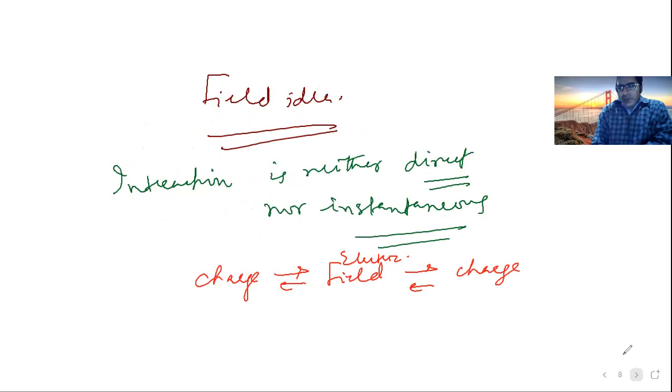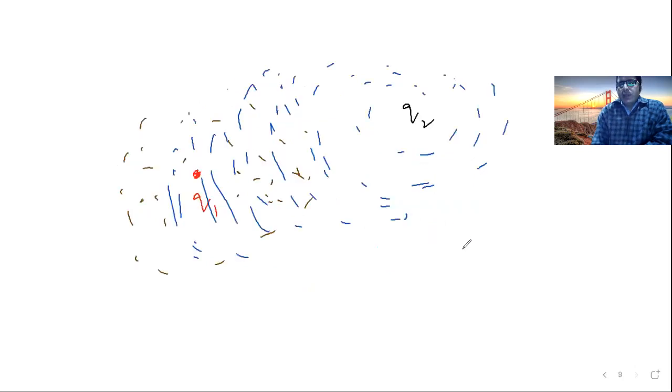Now the interaction is not instantaneous. If this is Q1, this is Q2, and there is some distance between them, and you move Q1 relative to Q2, or Q2 relative to Q1, this movement will not be sensed by the other charge instantaneously. This interaction will move from Q1 to Q2 at the speed of light.